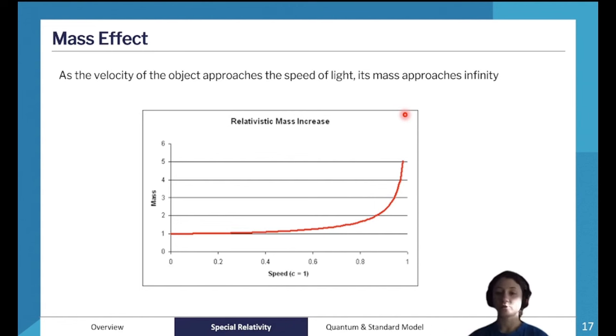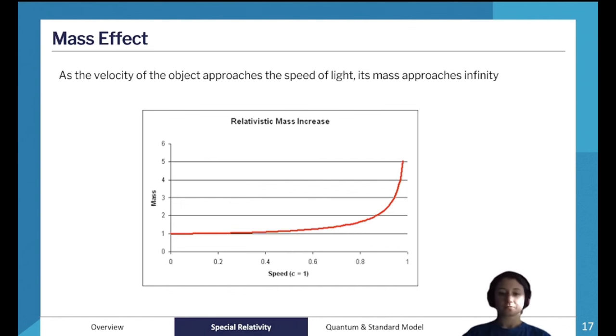And what's actually happening is that the energy you're putting into accelerating that object is going into increasing its mass. So you're putting more and more energy in up here, but all of that energy is essentially just going to making it bigger. So the issue is we can never accelerate a mass with infinite mass because we don't have infinite energy to do that with.